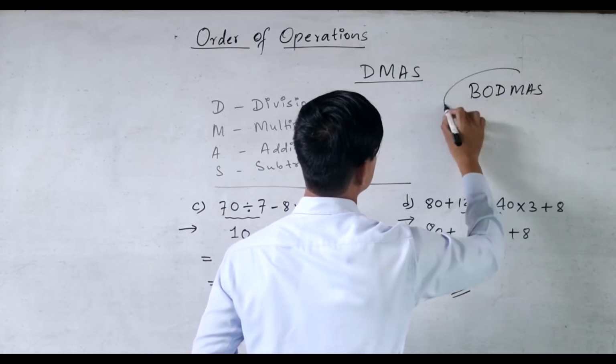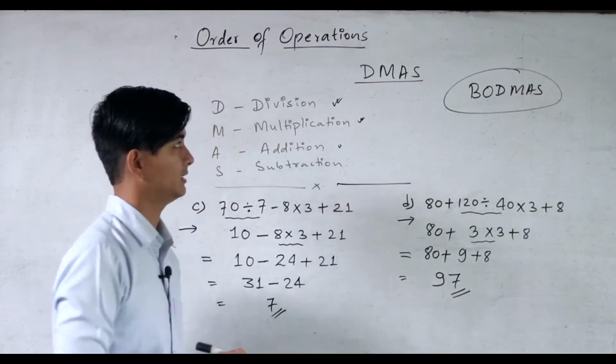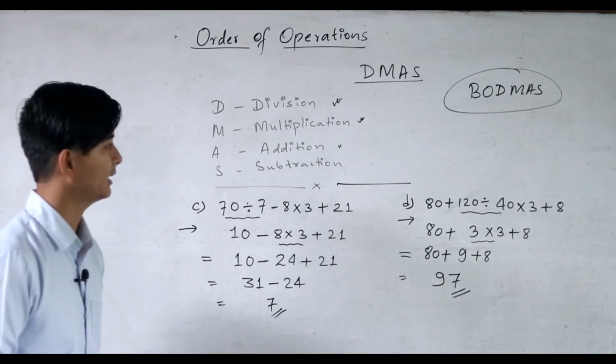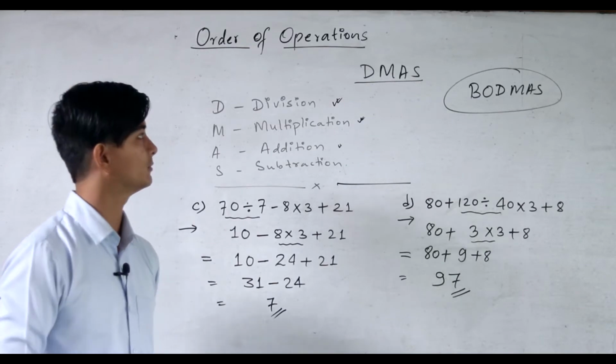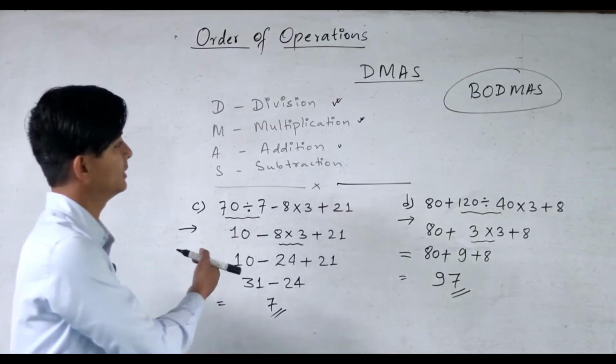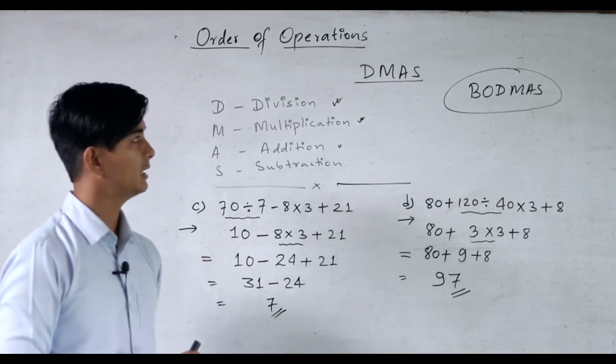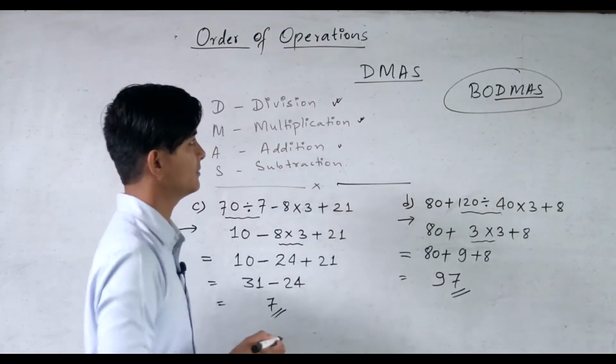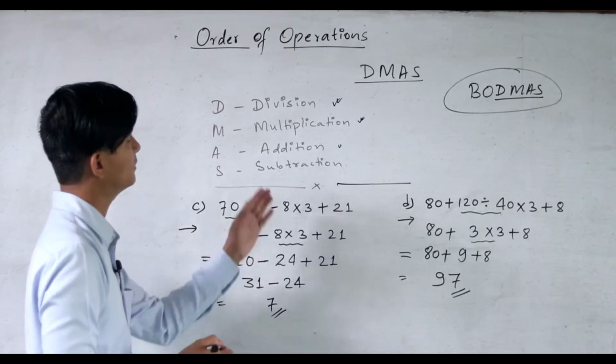With this rule, we have to do it once you get any bracket in our questions, in our problems, right? So till now this is the simplest form, which is called DMAS. This is a part of BODMAS, because there is no bracket, so we follow DMAS.